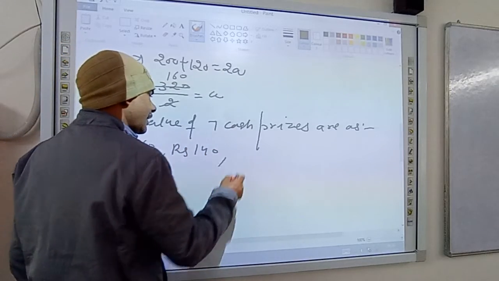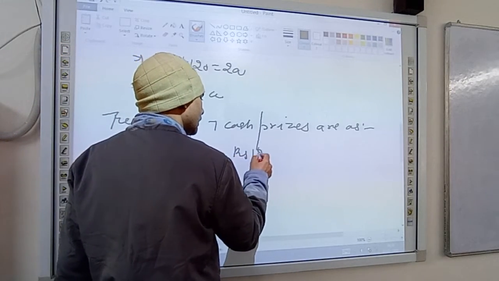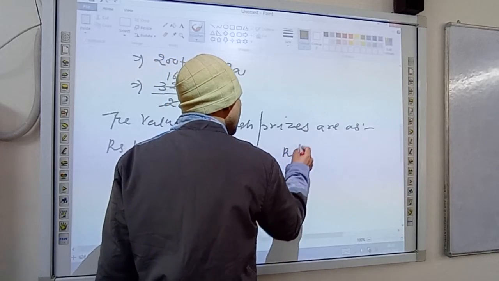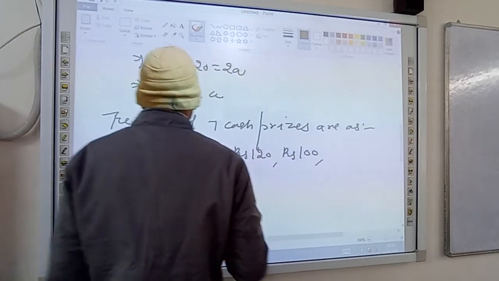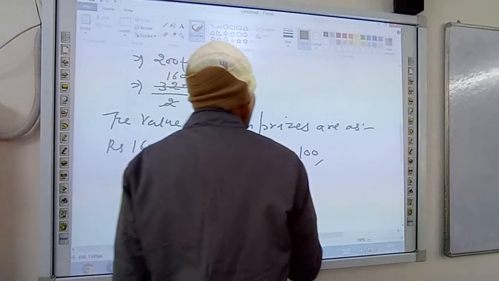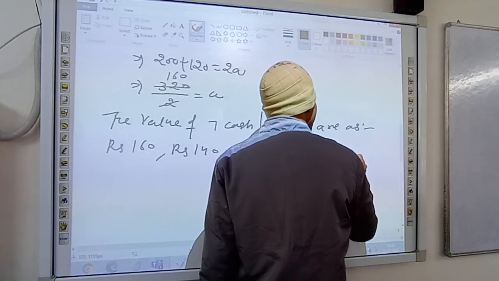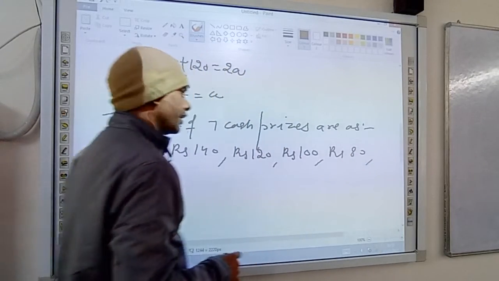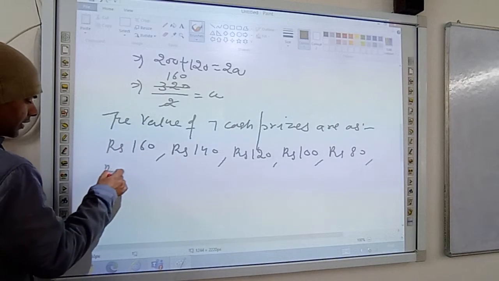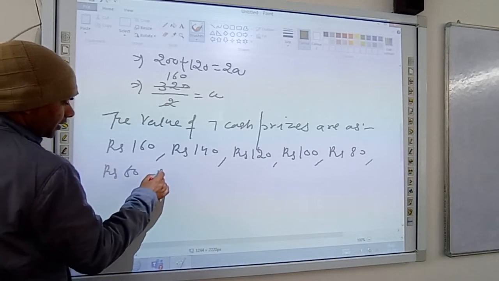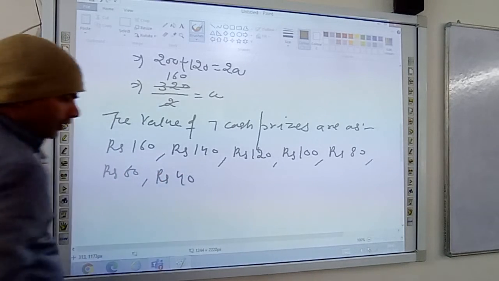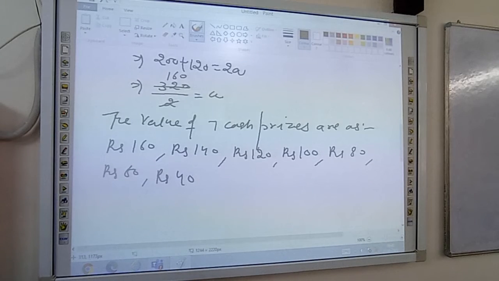Next 120, 100, then 80, rupees 60 and rupees 40. Do it fast.